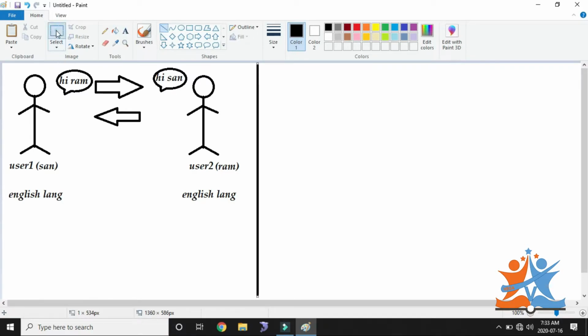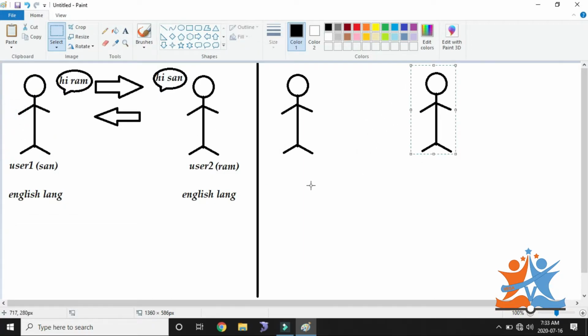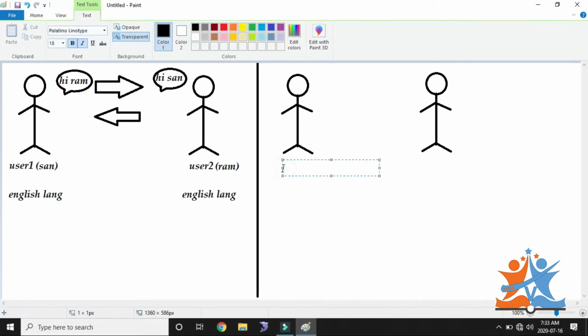In scenario 2 we again have two users, and these two people are communicating. This person's name is Deep and this person's name is Raghu.